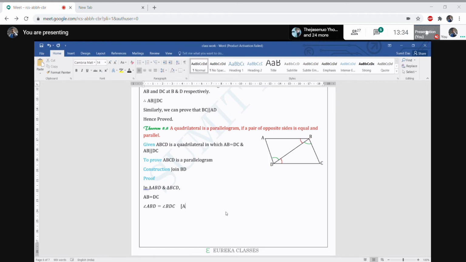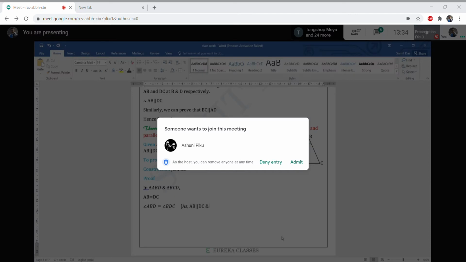AB parallel to DC and BD transversal. BD transversal. So therefore, alternate interior angles.